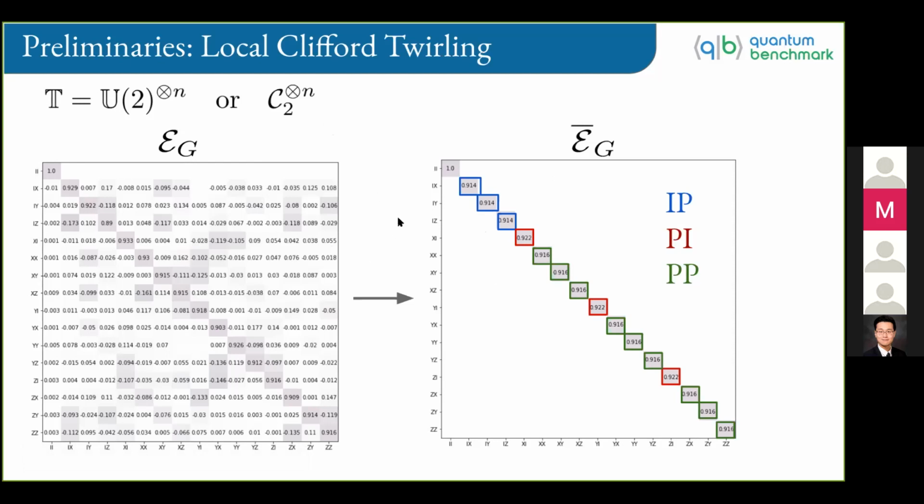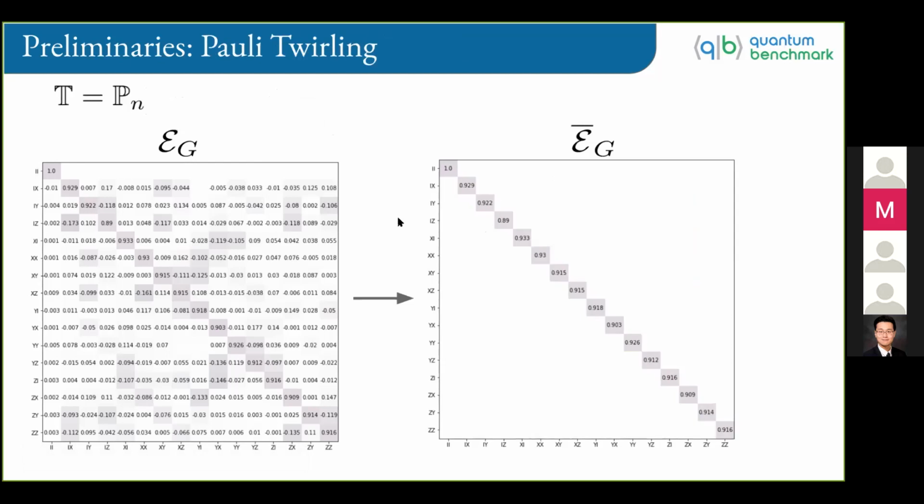And now we can introduce an even weaker twirl, which is the one that I'll be focusing on in this talk, where you twirl by all single qubit Paulis. And so this again diagonalizes the matrix, but it preserves the diagonals exactly. So all of the diagonal elements are equal to each other. And again, the process fidelity of epsilon is the same as the process fidelity of epsilon bar.